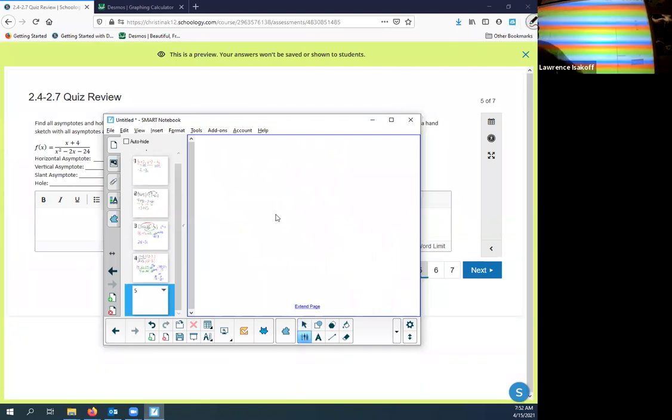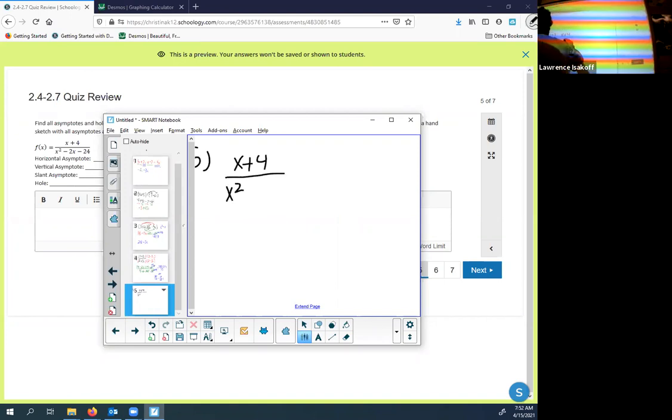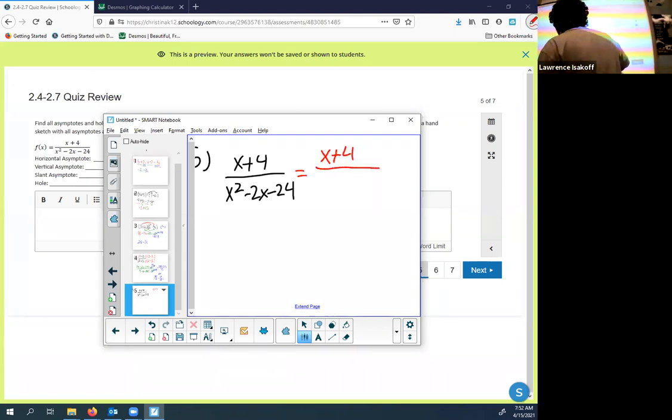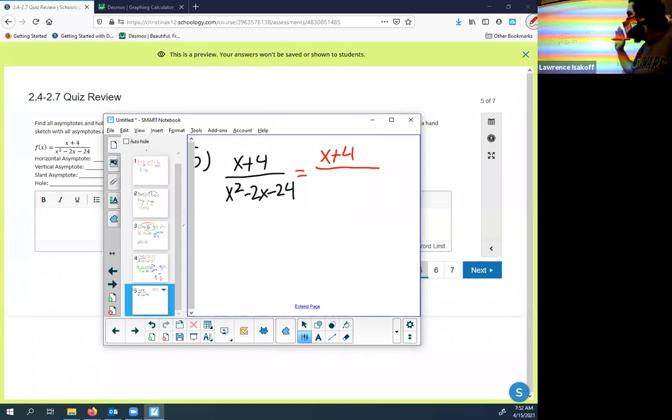So this is number 5. It says x plus 4 over x squared minus 2x minus 24. So right away, I do see this is factorable. So I'm going to factor the denominator. I'm looking for numbers that multiply to give me negative 24 and add to give me negative 2.